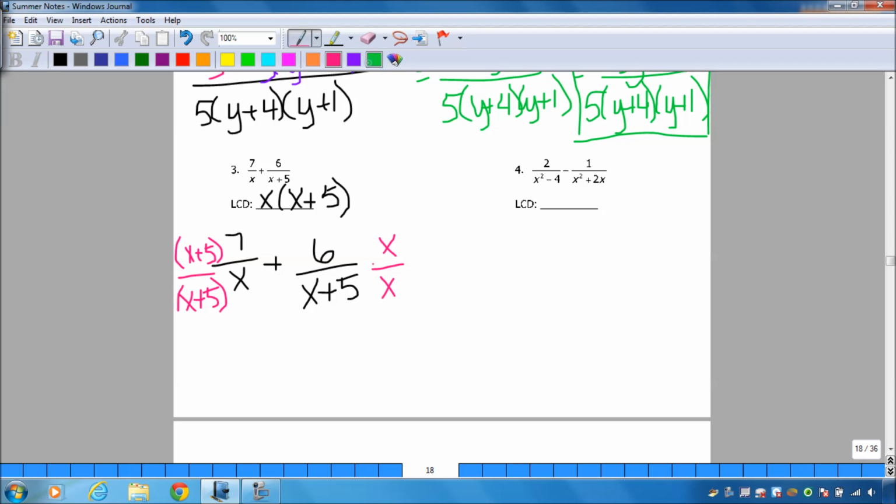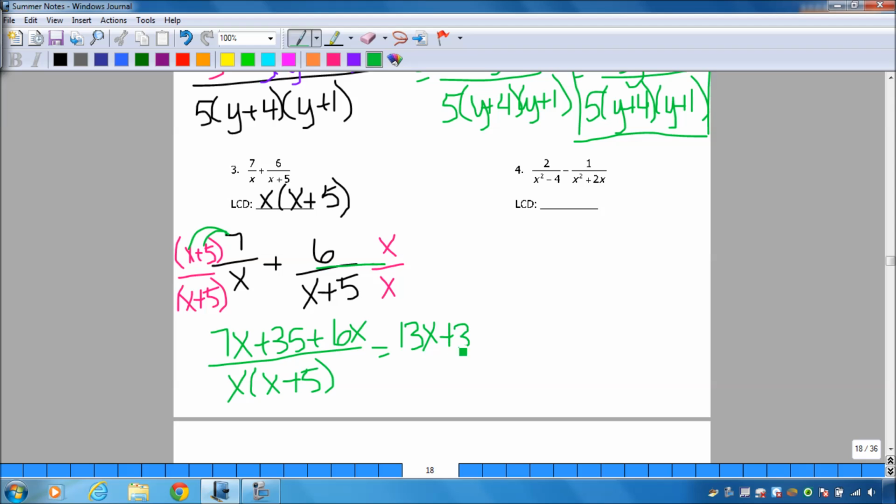So when I distribute this through, I end up getting 7x plus 35 plus 6x, all over x times x plus 5, all right? And then I'm going to combine my like terms, and I end up getting 13x plus 35 all over x times x plus 5. I can't do anything more with this. This is not factorable. Nothing can cancel, so this is my final answer right here.